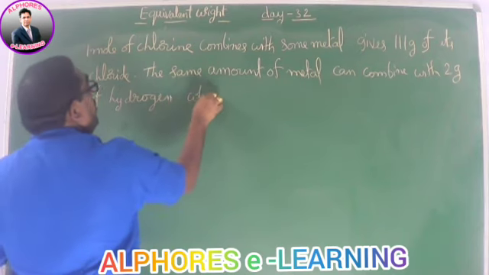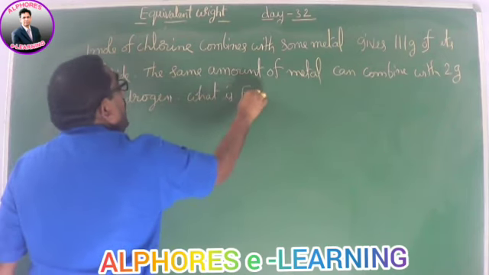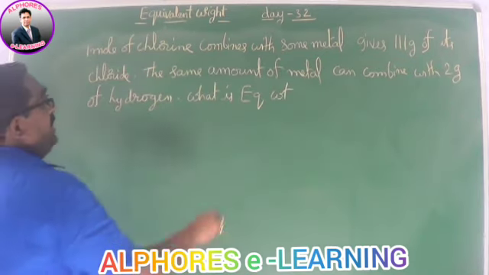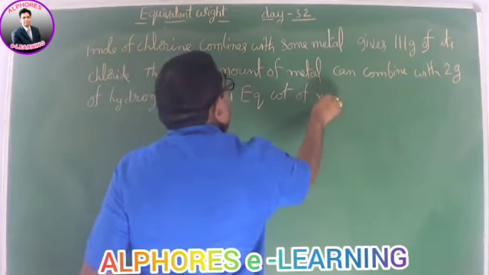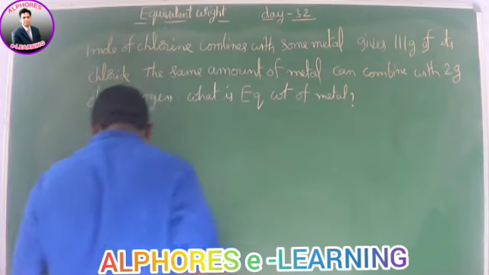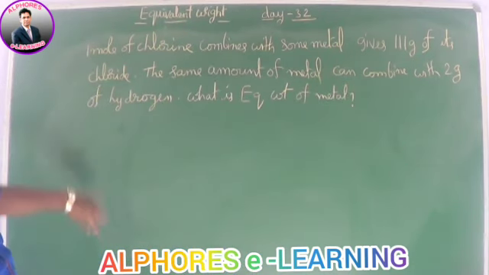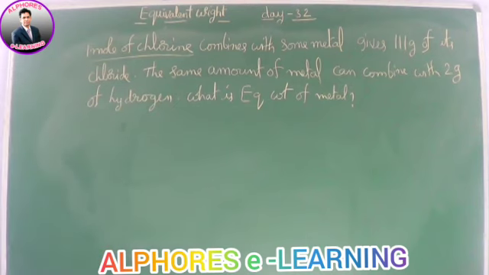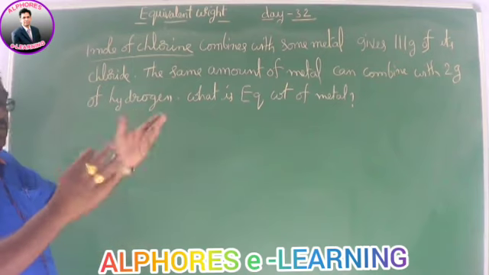What is the equivalent weight, EQWT, I am writing, what is the equivalent weight of the metal? That is the question. Let me explain. The data actually what exactly given to us. 1 mole of chlorine combines with some metal. We don't know how much weight of metal.